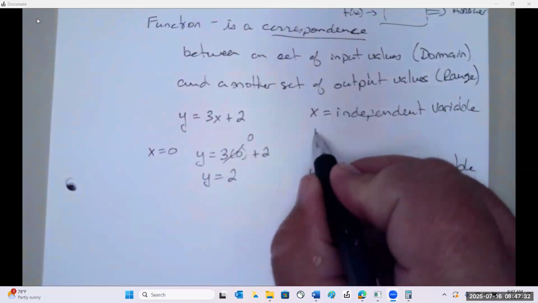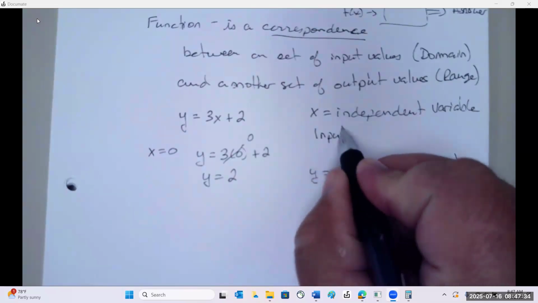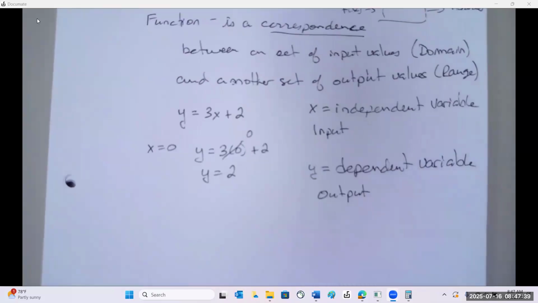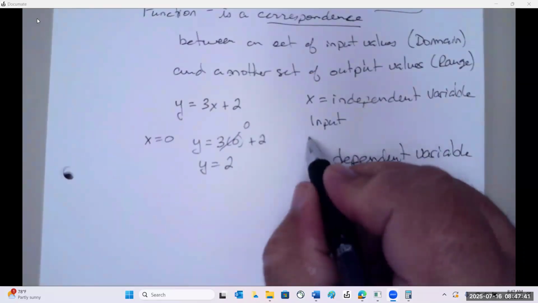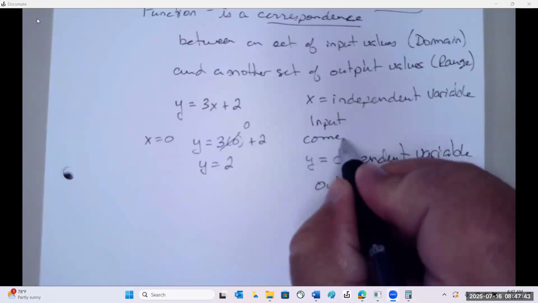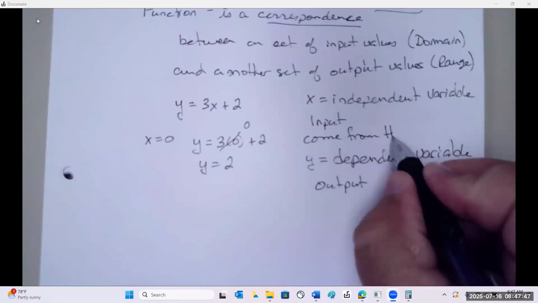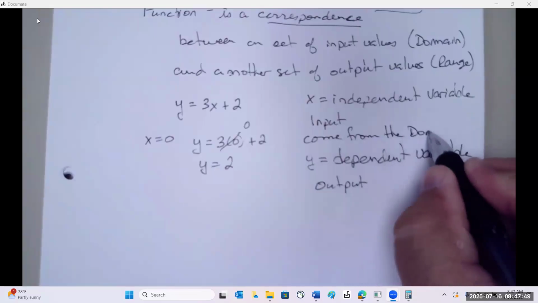So this is my input. This is my output. These numbers come from the domain.